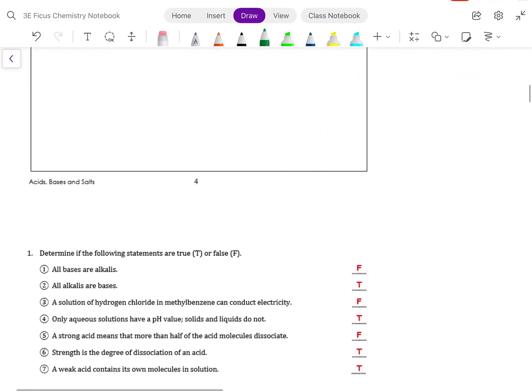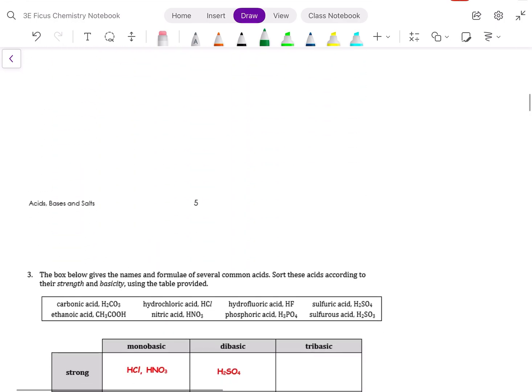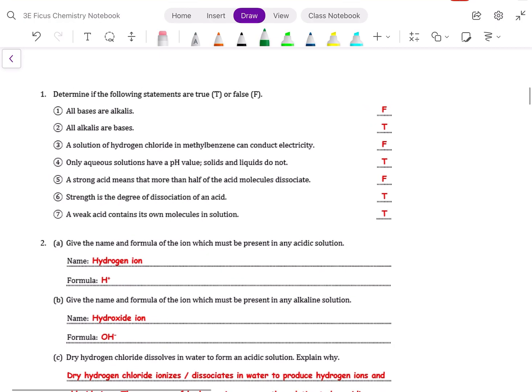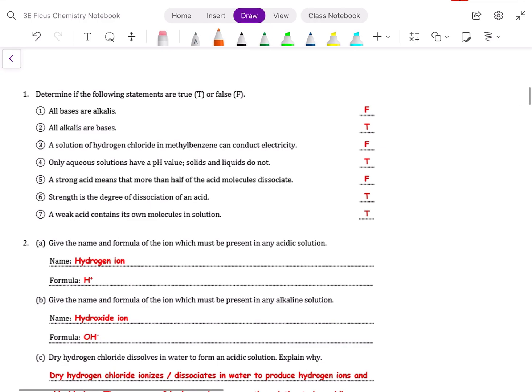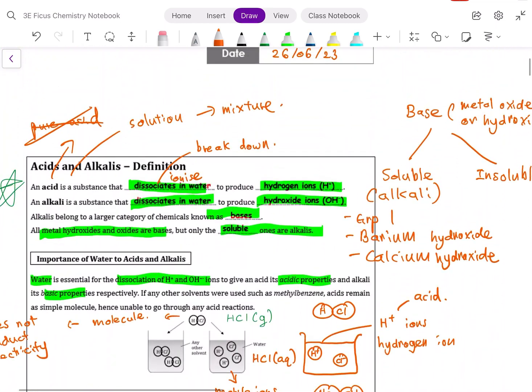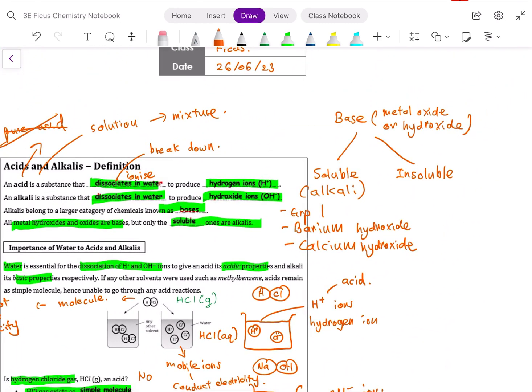Let's look at some questions just to have a quick test of what you understand so far. Determine if the following statements are true or false. The first two test you on the difference between bases and alkalines. Remember that we discussed that bases are all metal oxides or hydroxides.